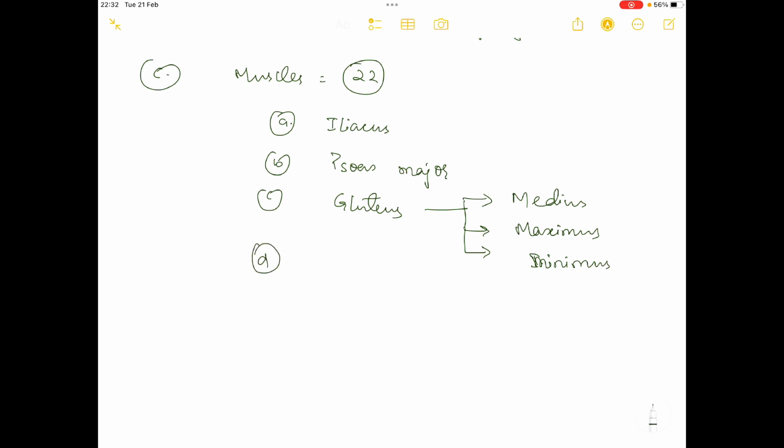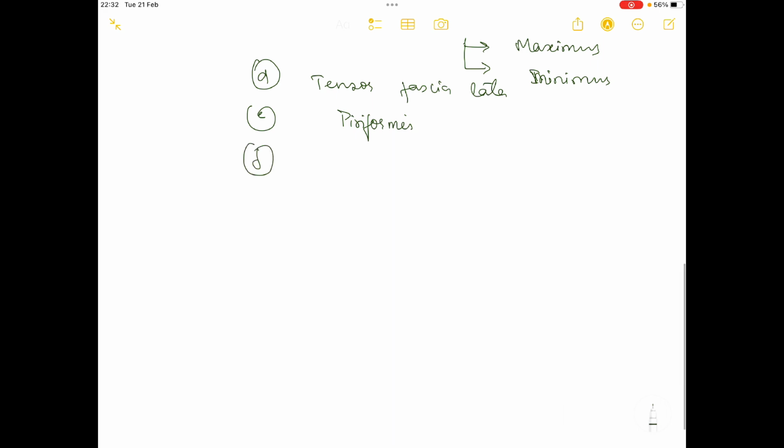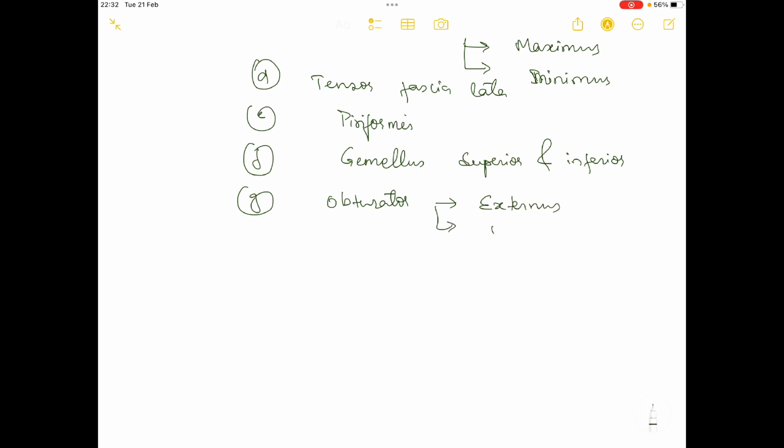Now let's talk about the other muscles, which are tensor fascia lata, piriformis, gemellus superior along with gemellus inferior, and then there are the obturator muscles. There are two obturator muscles, one is externus and one is internus.